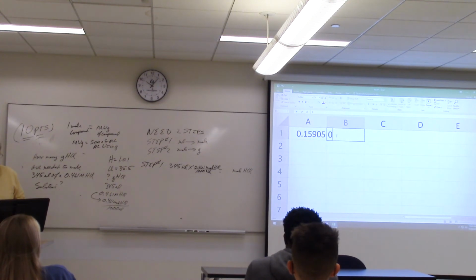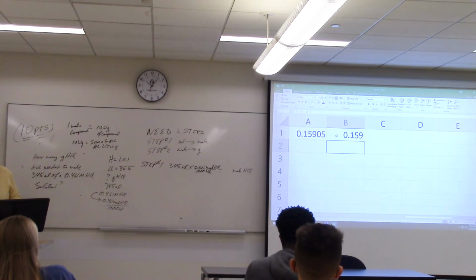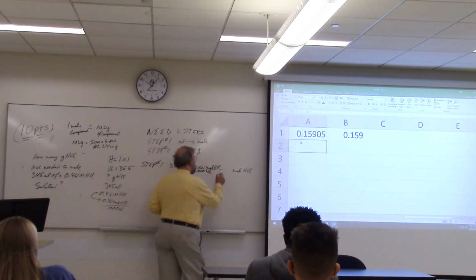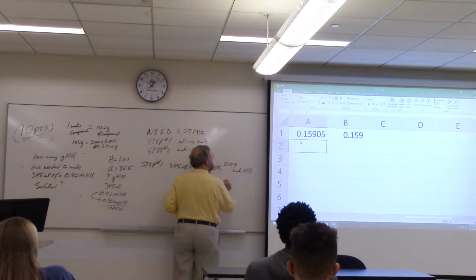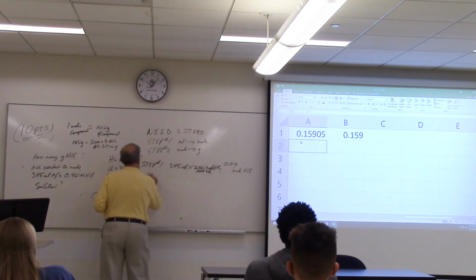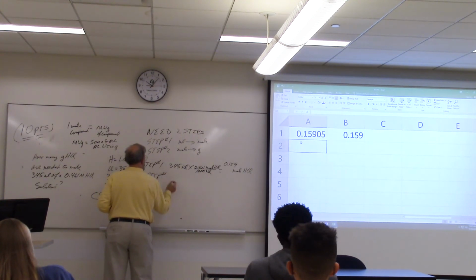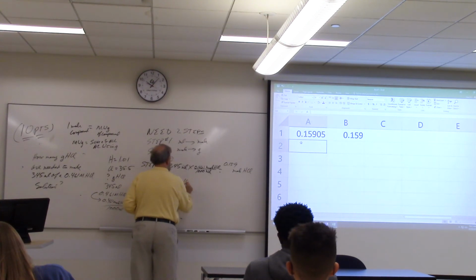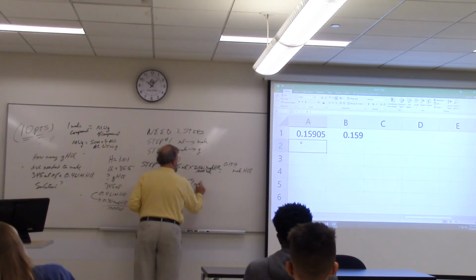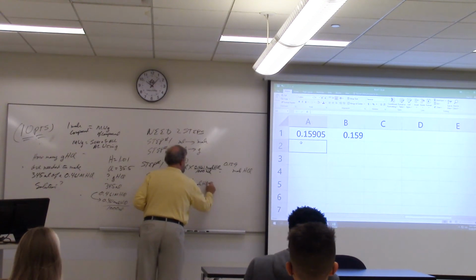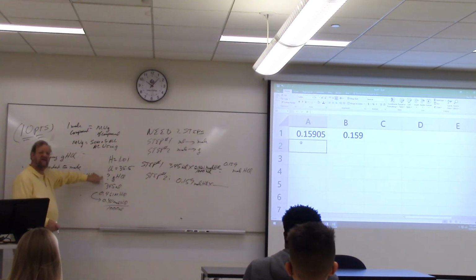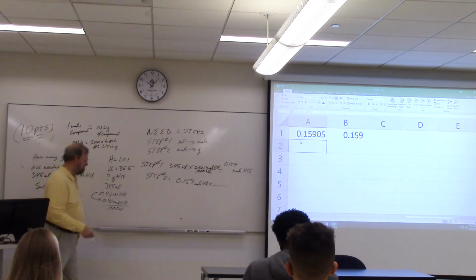So if I round it off at this time, I'll do 1.59 moles. And now I'm ready for step 2. And that's going from moles HCl, and I want to get to my final answer right here, grams of HCl.